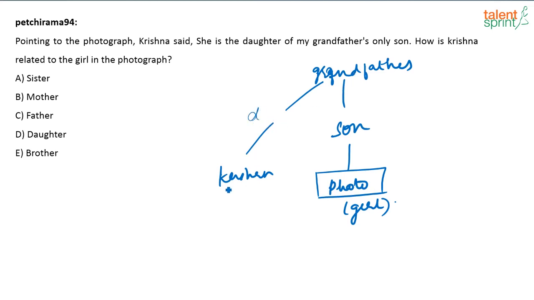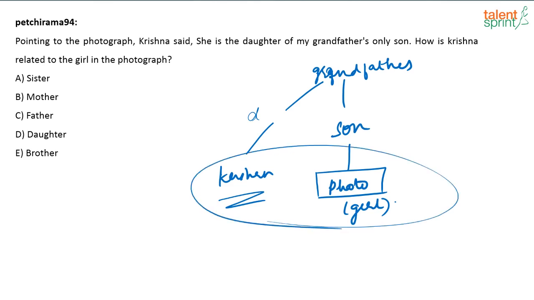Or Krishna's grandfather could have had a daughter, and Krishna could be their child. Or similarly, the gender of Krishna is not given. Without knowing all this, how do I say how Krishna is related to the girl in the photograph? The only thing we can say is that they are in the same generation. So obviously mother, father, daughter can't be the answer.